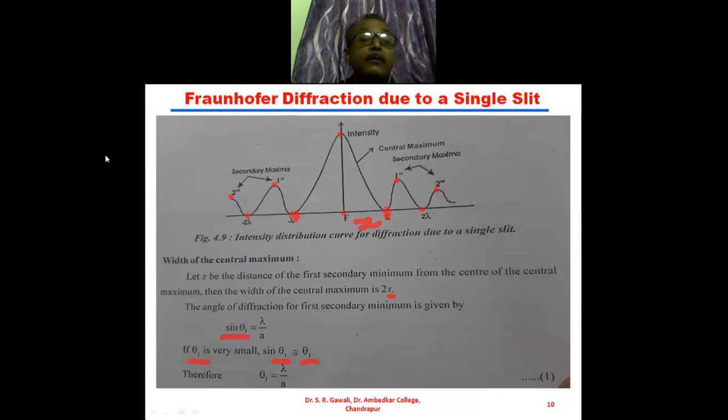Now we will obtain similarly the sine of this angle theta 1.